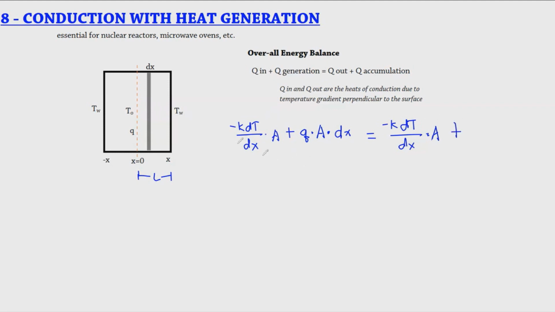Heat of accumulation is quite a more complex thing than heat of generation, because if we need to find the accumulation, we're actually referring to the heat that is being generated and being accumulated at this particular region. Now, if that's the same heat as what comes in or comes out, I could simply say that, instead of representing it as the small q, I can just direct it to the Fourier equation, which is negative k dT over dx times the area.